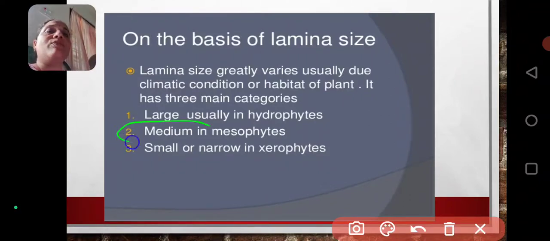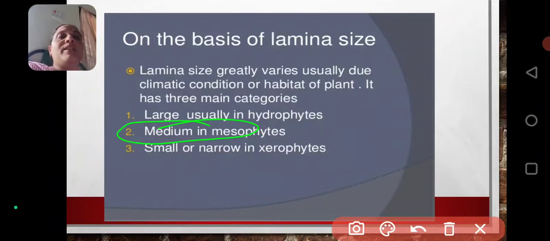And in the mesophytes, medium sized leaves are there. In these mesophytic plants, the atmospheric temperature is moderate, so there are no adaptations in the mesophytic plants.